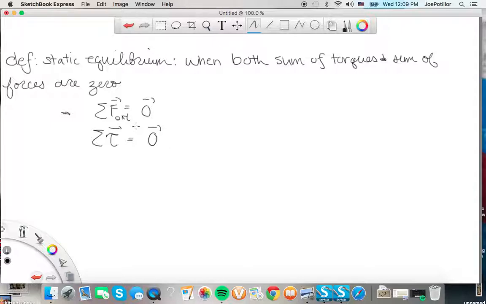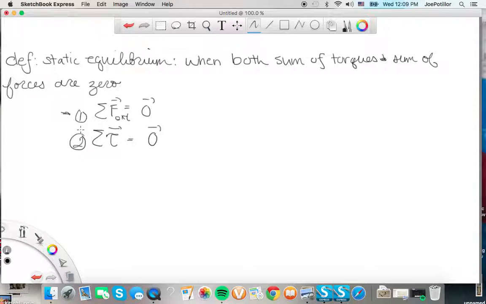When both the torques and forces are 0, we have two conditions which must be true in order for us to work in static equilibrium. Fortunately for us, it's 0. So we can figure out anything we want with these two conditions. It's important. Both have to be 0.